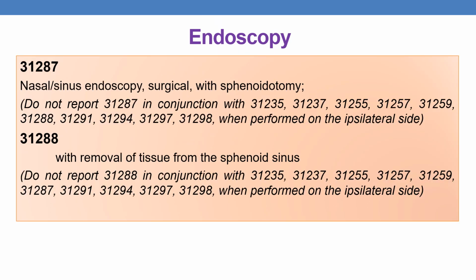The next is 31287. It deals with nasal or sinus endoscopy, surgical with sphenoidotomy. The next is 31288. Nasal or sinus endoscopy, surgical with sphenoidotomy with removal of tissue from the sphenoid sinus.